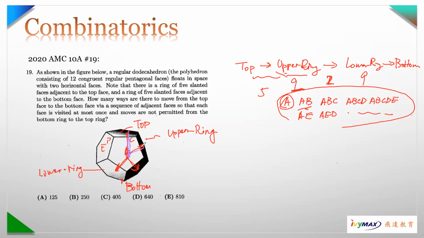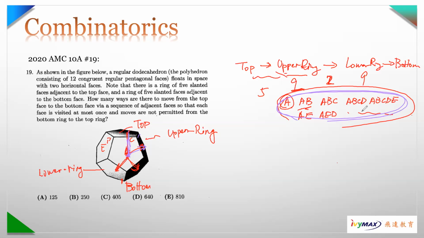From A to B. And at this B, the face of B, you still have 2 options. You can either go to the left or go to the right of the lower ring. So for each way, but obviously we don't consider the horizontal, because horizontal we consider inside of the same level, the upper ring level. So we already count that. We don't need to repeat that.